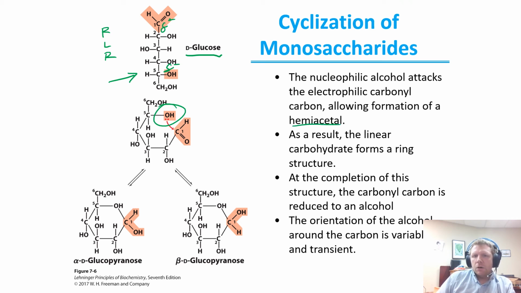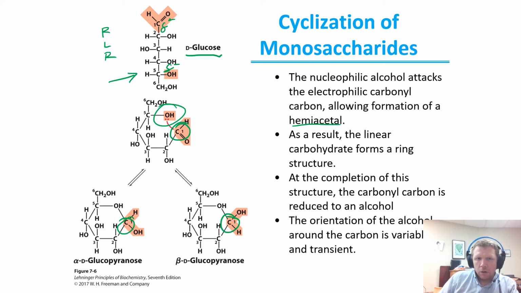Now, that linear carbohydrate forms a ring structure. So that ring can go into one of 2 different permutations. Keep in mind, this is carbon number 1, indicated right there. Whenever it forms that hemiacetal, it is going to have an OH group, and that OH group can be positioned either up or down on the molecule.